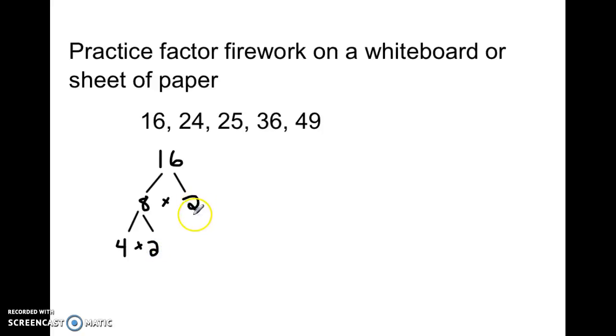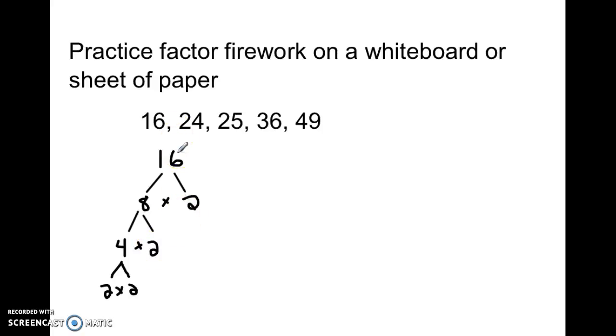But nothing into 2 because 2 is a prime number. Only 1 and 2 go into it. All right, and then, well, there's another prime number there, but I could still divide 4 out. And we'll say 2 times 2. Good.